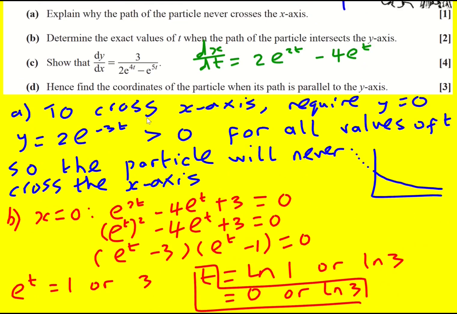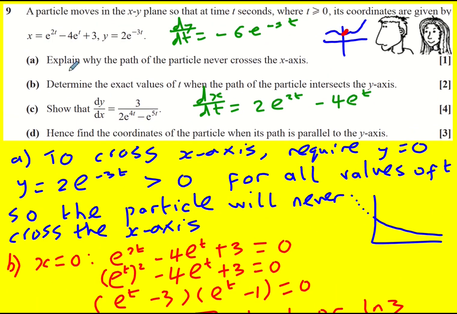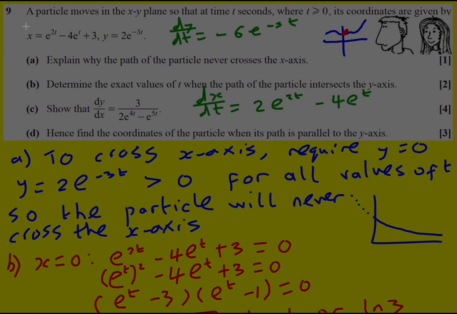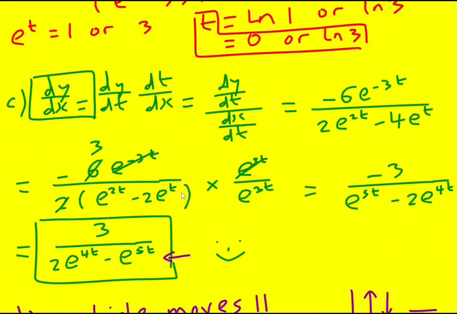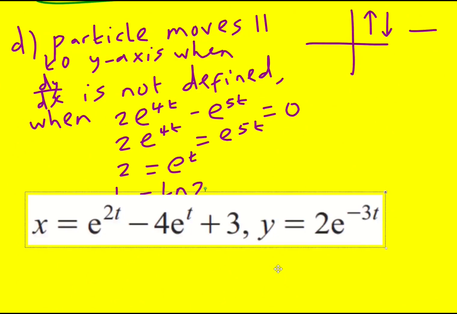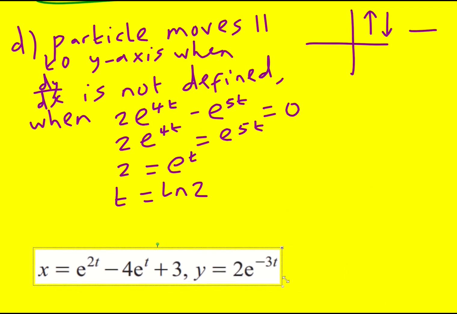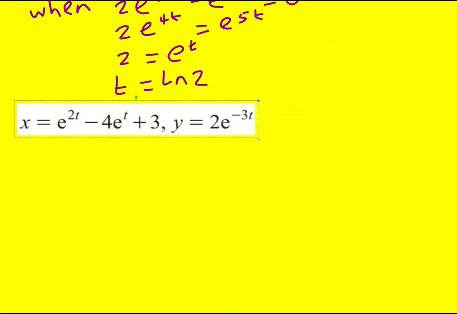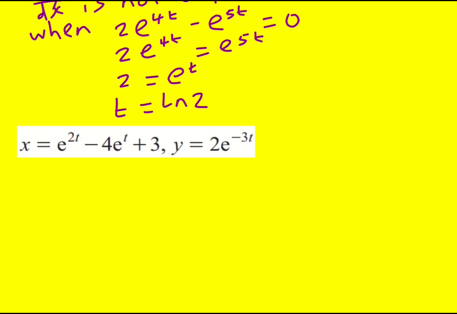Now, we're asked to work out the coordinates themselves, so I'm going to return to these x and y equations and substitute my value of t in. All right, and this can actually be really nicely done without a calculator.